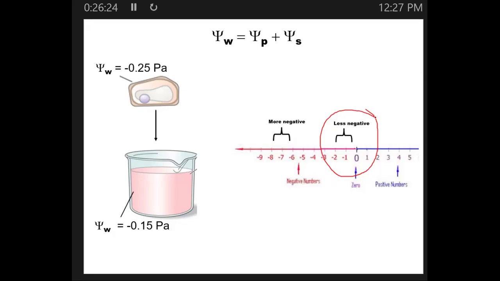So I think your brain would accept it better if you talk about less negative versus more negative values as you're describing what's happening. And then you're safe, you're more accurate at what you're describing.